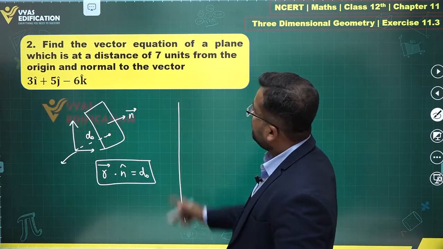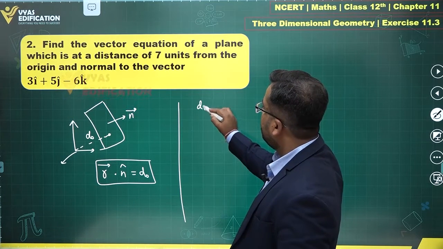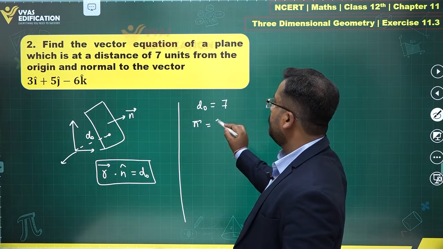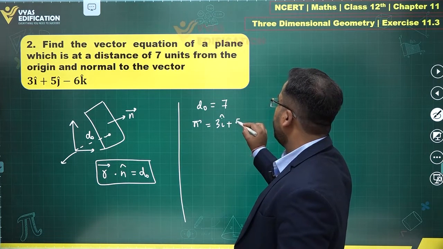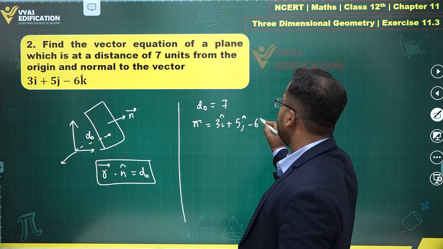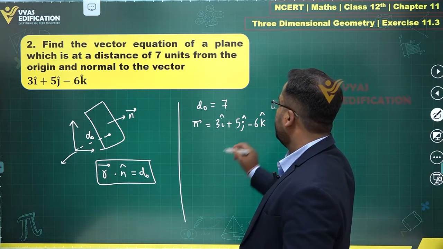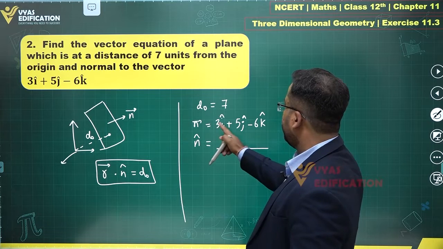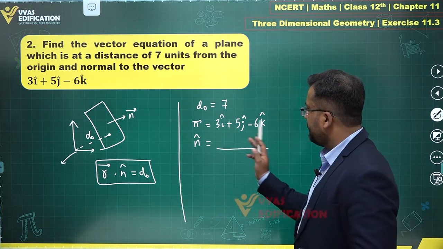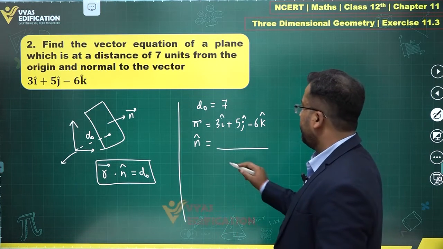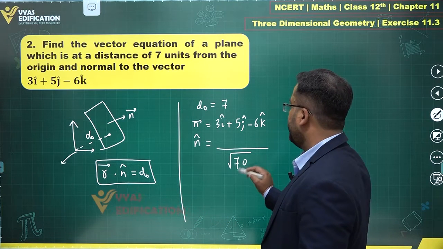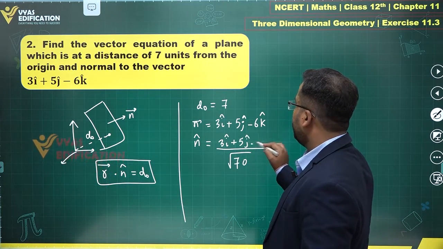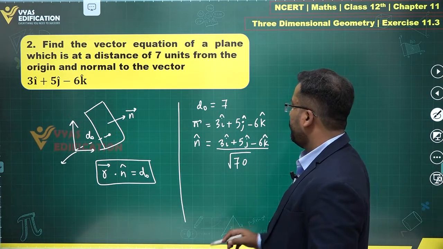And the vector equation of plane which has a distance of 7 units. So d naught is equal to 7, n vector is equal to 3i cap plus 5j cap minus 6k cap. So what do I need? I need n cap from here. What is that? Divide with the magnitude of this: square, this square, this square, which is 9 plus 25 plus 36, that is 70. Under root of 70. 3i cap plus 5j cap minus 6k cap is what you have.